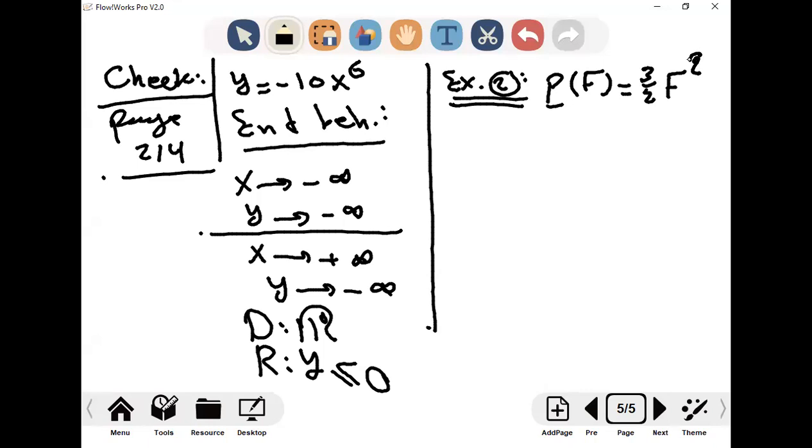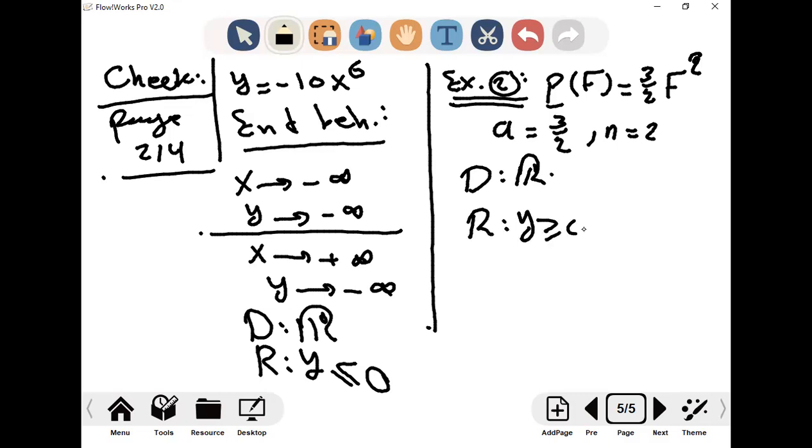They want from you to find A. A is how much? 3 over 2, positive. And n is how much? 2, even. The domain is, they want from us the domain, they don't want the end behavior. The domain is all real numbers. And the range is y greater than or equal to 0. Or you can say all real numbers which are greater than or equal to 0. You can write it. Okay? This is example 2, simply.